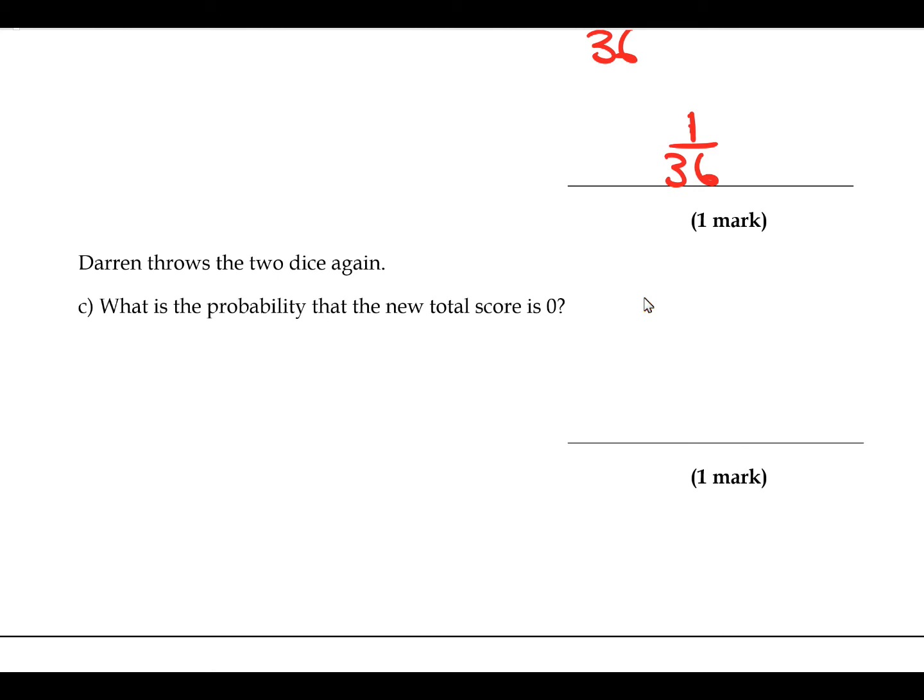So the probability of scoring 0 is 6 out of 36. Now don't forget, whenever you create a fraction, make sure you try and simplify. So 6 divides into 6 once, 6 divides into 36 6 times. So the probability is 1/6. And that's worth 1 mark.